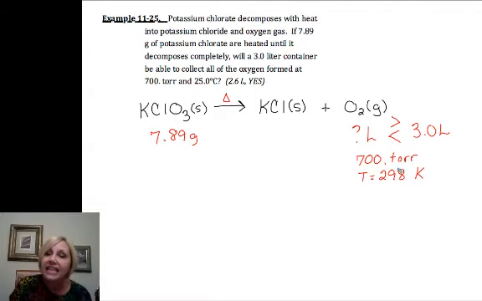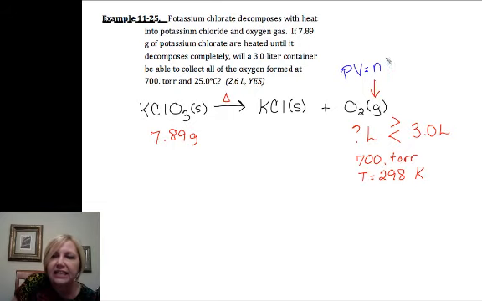Now, we can't jump into PV=nRT until we get to information about our gas, because again and again and again, it's an ideal gas law, not an ideal solid law. So let's map it out.